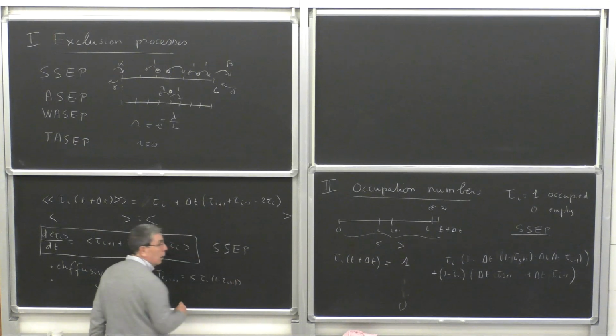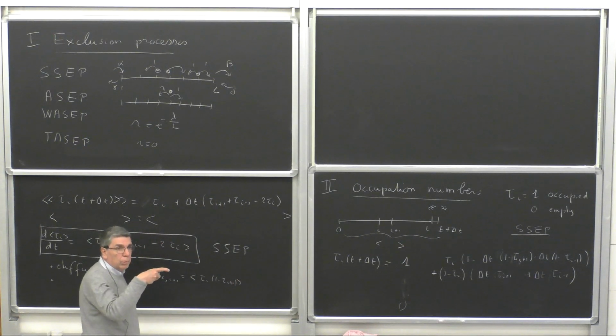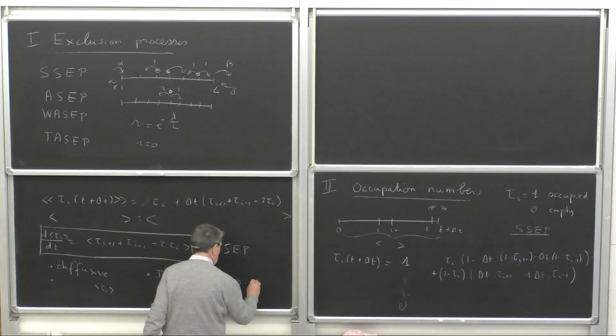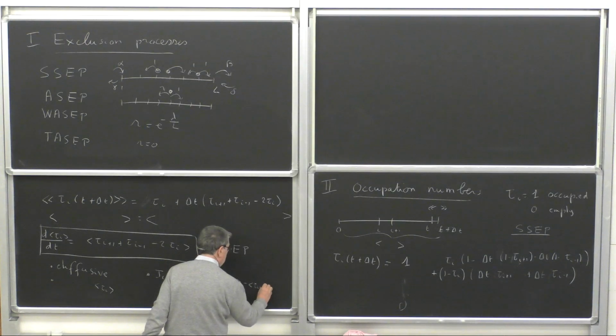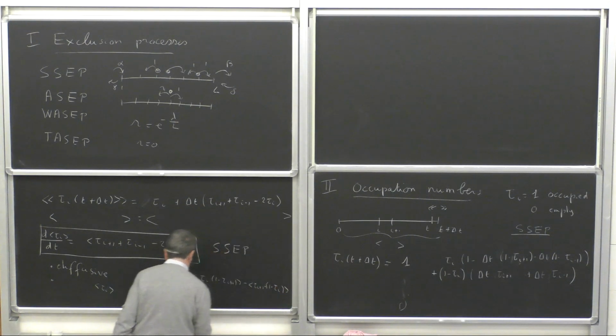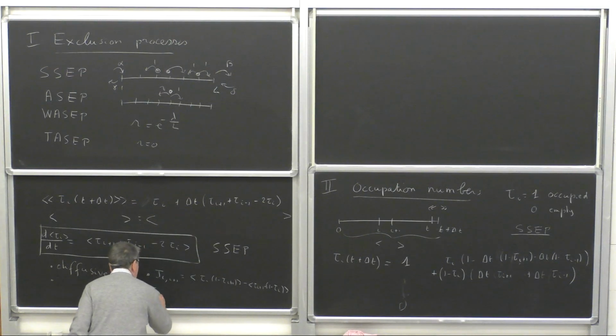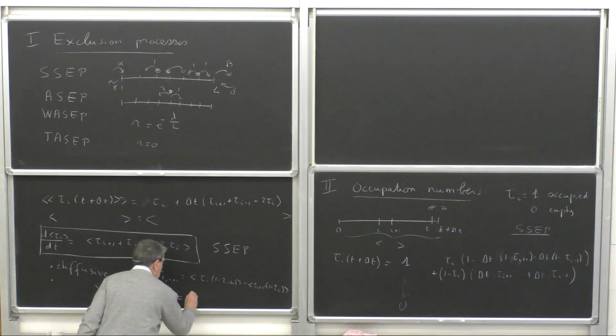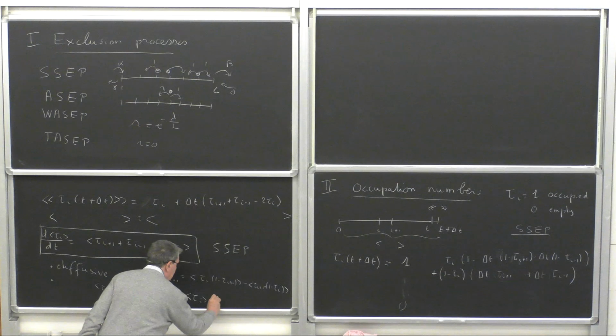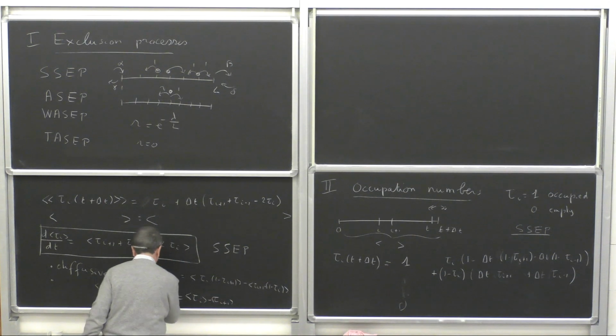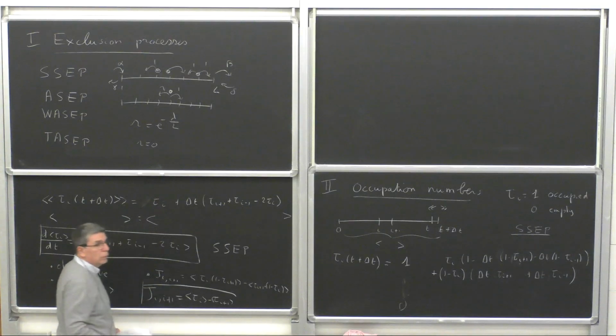So this is the flow from i to i plus 1, minus tau i plus 1 times 1 minus tau i. So the current between site i and i plus 1 is just tau i minus tau i plus 1. Okay, so this is easy. Okay, so this is what you see for the SEP.